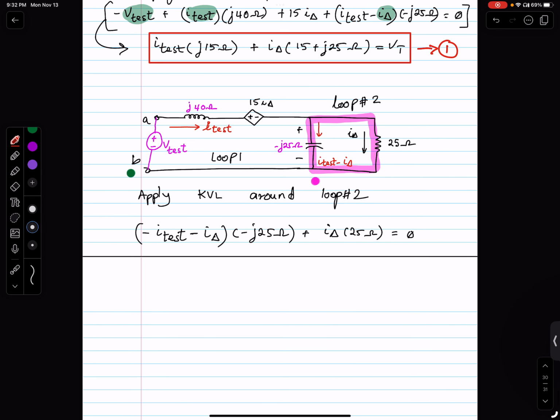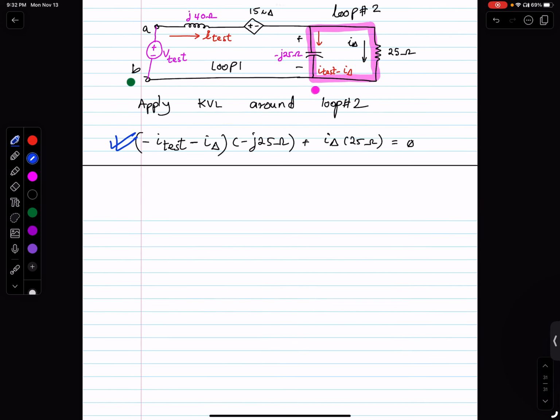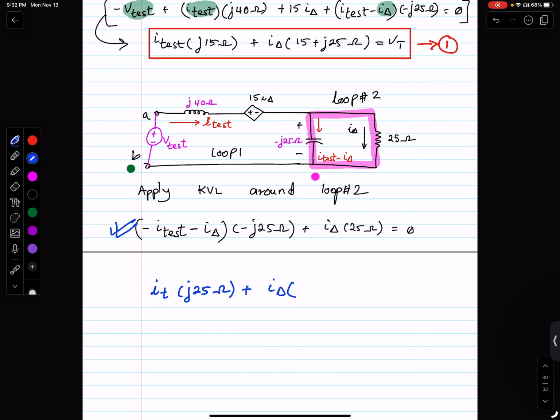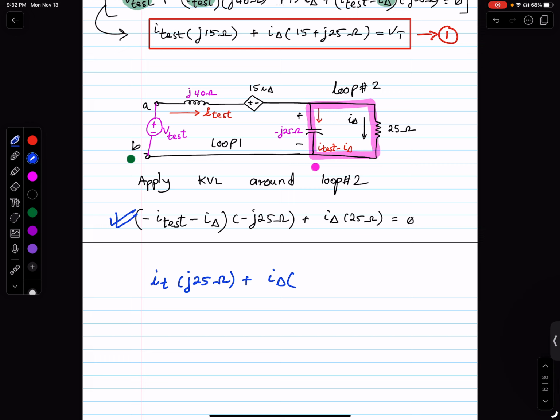Similarly, I'm going to simplify this equation as well. That comes out to be I test times J25 ohms plus I delta times 25 minus J25 ohms.